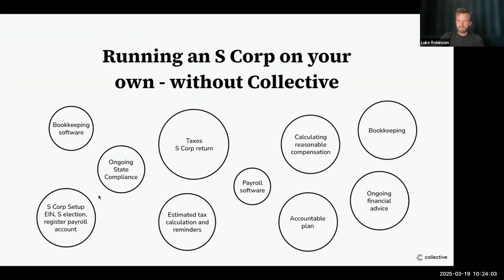You've got to deal with your LLC and make sure that stays up and running. You have to have payroll software to run your paycheck. You've got to deal with an accountable plan to reimburse yourself for your home office deduction. You've got to calculate your reasonable compensation. Each one of these things is kind of hard to figure out, even where to go to figure it out. So it's not fun.